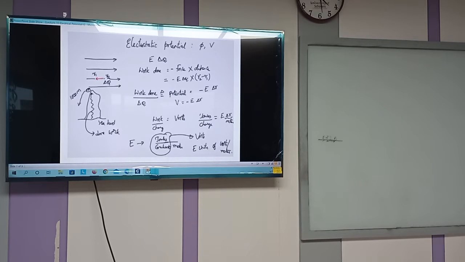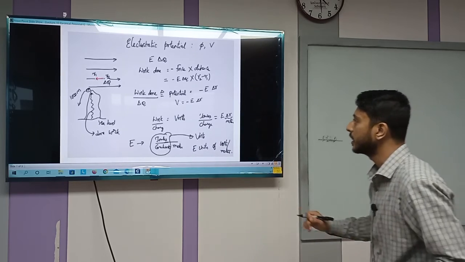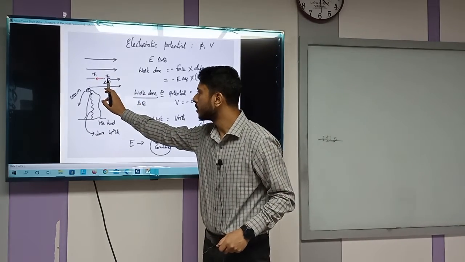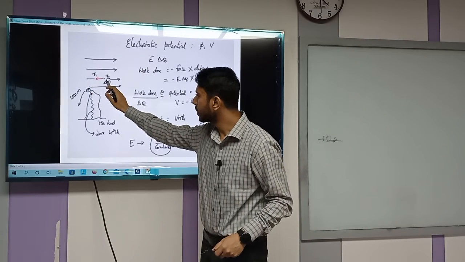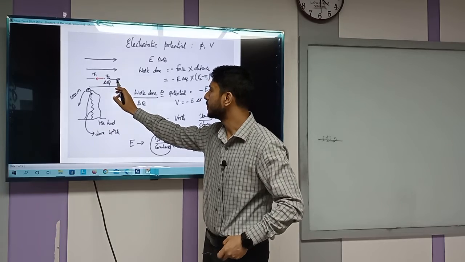So what is the force in terms of that charge? The electric field times the charge will give me the force. But as you know, I am moving it from R2 to R1, so it should be negative. I am moving against the direction of the electric field.